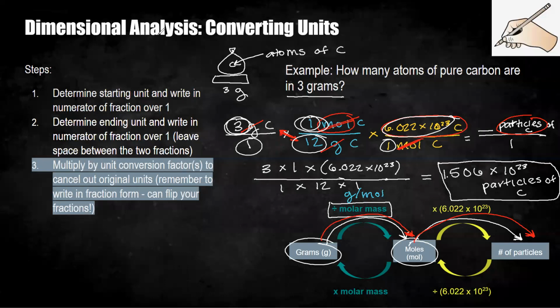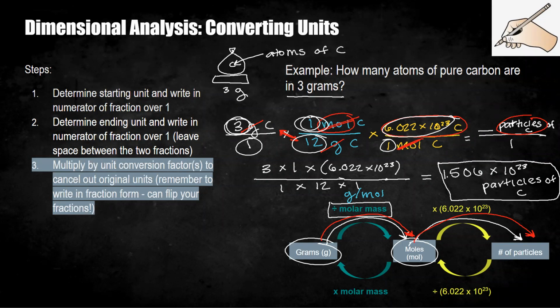So again, the key with dimensional analysis is doing this cross multiplication in order to cancel out those units of measurement. Every time you see a unit on the top diagonally across from the same unit of measurement on the bottom, you can cancel those units out. So I canceled out grams and made the leap over to moles.